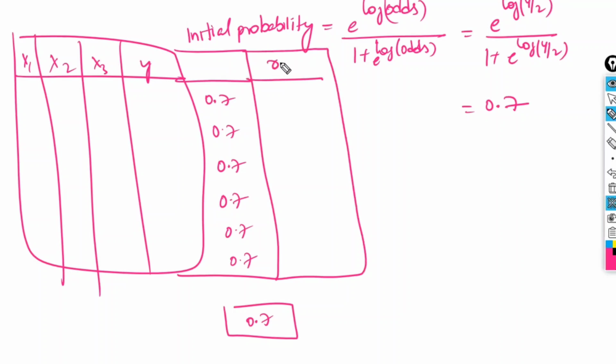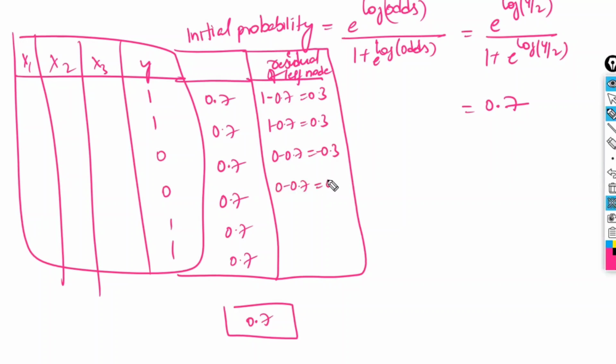Residual of leaf node. After the leaf node, whatever the residual was left, that is 1 minus 0.7, because this is 1, 1, 0, 0, 1, 1. So 1 minus 0.7 is 0.3. 0 minus 0.7 is minus 0.7.